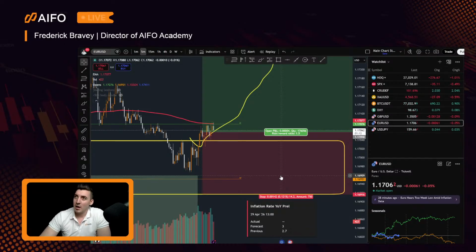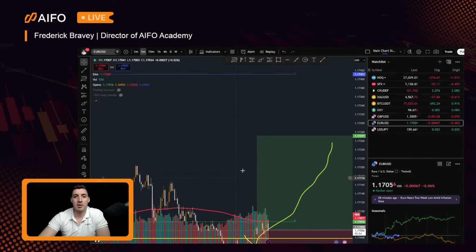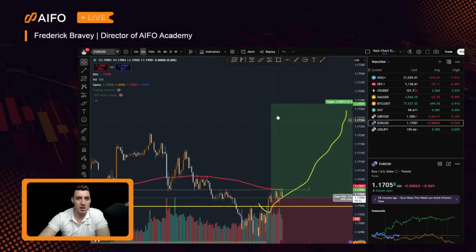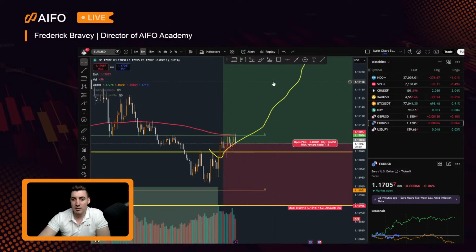So it values the currency pretty nicely. So if the inflation rate comes out year over year for the European Bank at 3, where it was previously 2.7, this could be that spike that gets us above that high here. That would be nice.